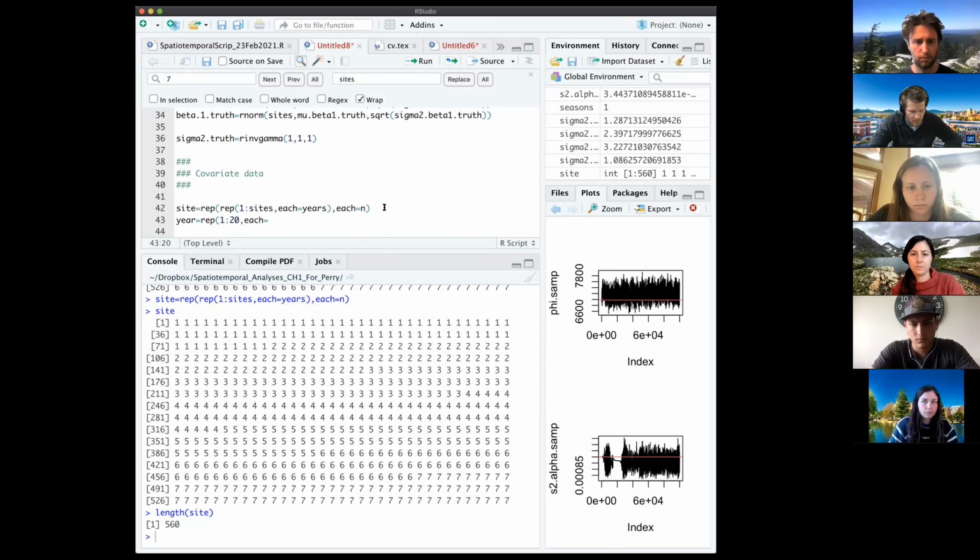We need at least 4 in there. But what we're looking for is year one. So we have 4 observations at one site. So 1, 1, 1, 1, 2, 2, 2, 2, 3, 3, 3, 3, all the way up to 20, 20, 20, 20. And then for that whole sequence to repeat for the second site.